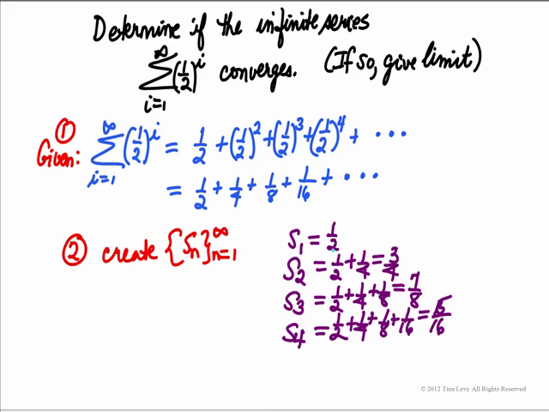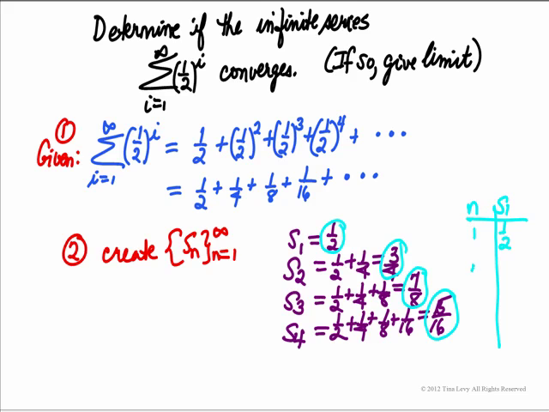So I can see the first term of the sequence is 1/2. The second partial sum is 3/4. The third is 7/8. The fourth is 15/16. Working this, we see that when n was 1, the first partial sum was 1/2.